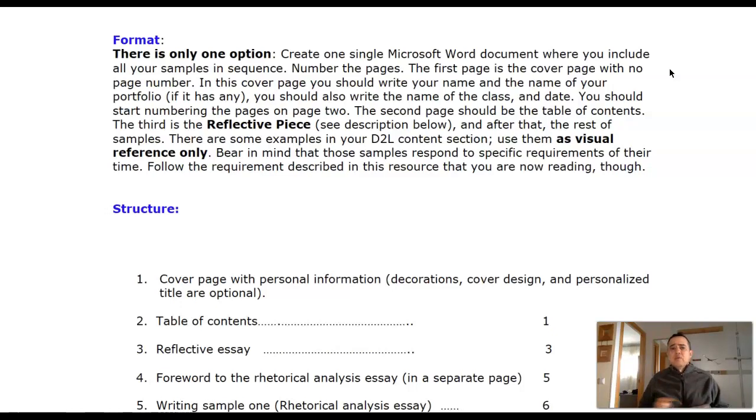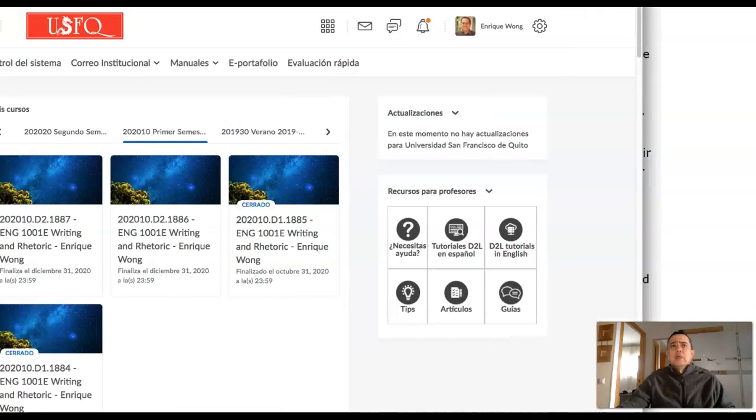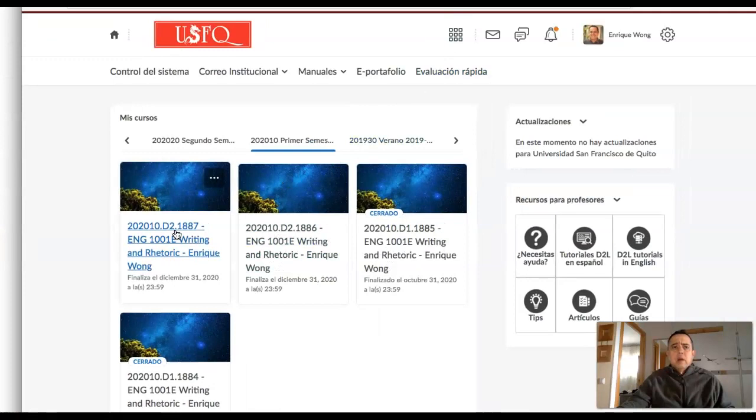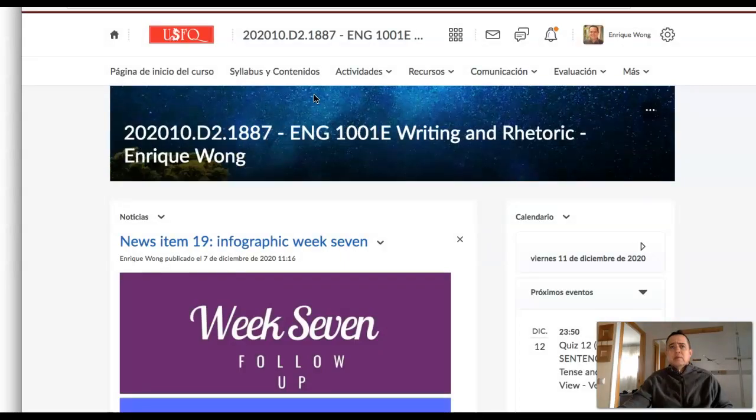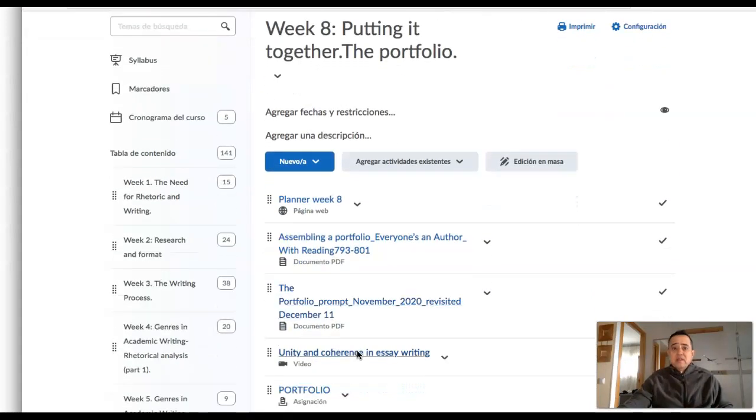If you check the contents of your learning object in your week 3, the writing process, you have a whole learning object dedicated to the one paragraph essay and its importance.